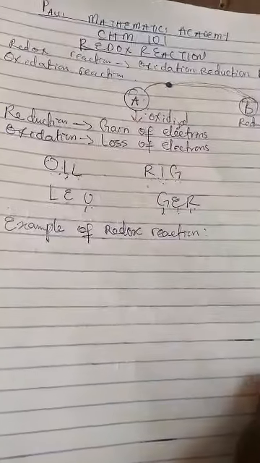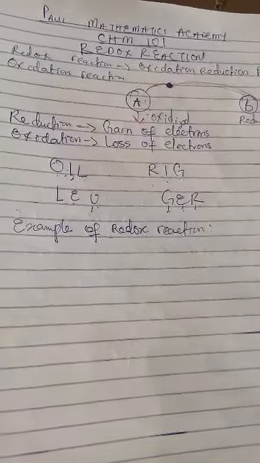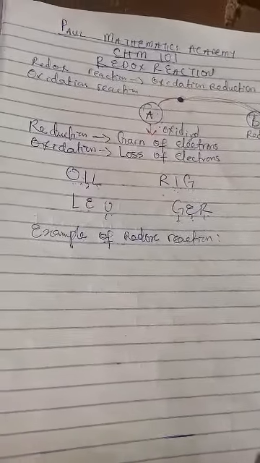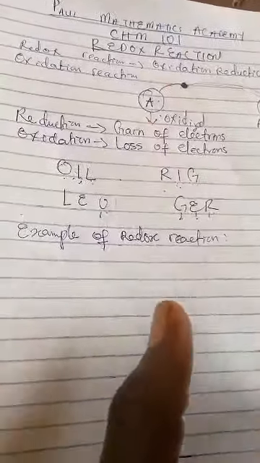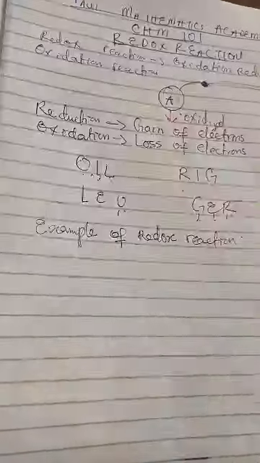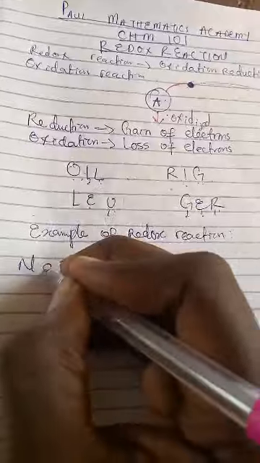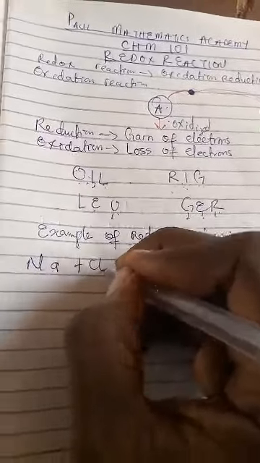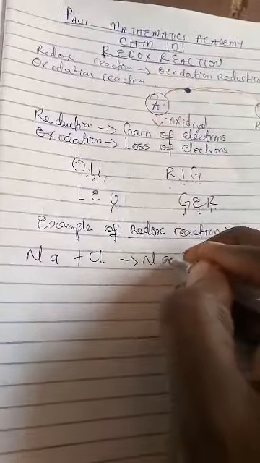That is an example of a reaction in which oxidation and then reduction takes place. So I'll be using sodium and chlorine. Sodium plus chlorine gives us sodium chloride.